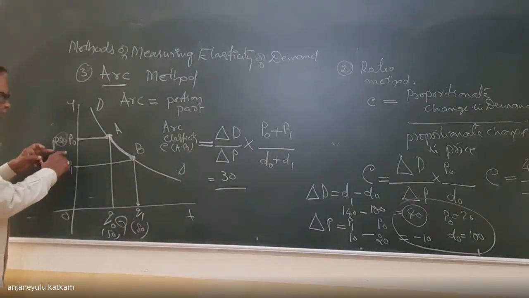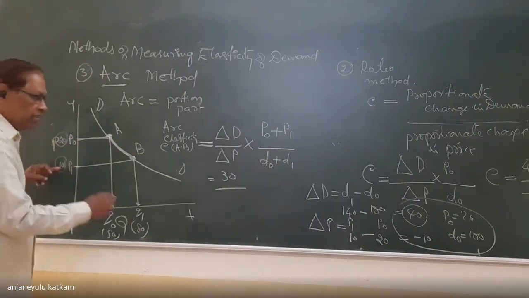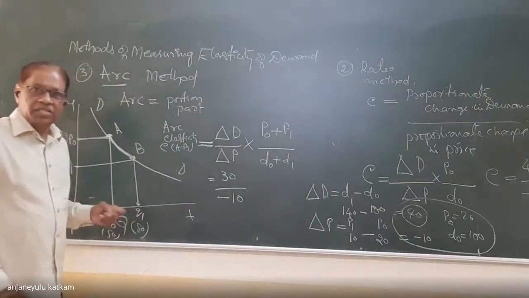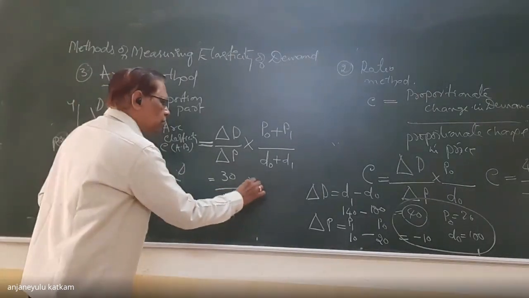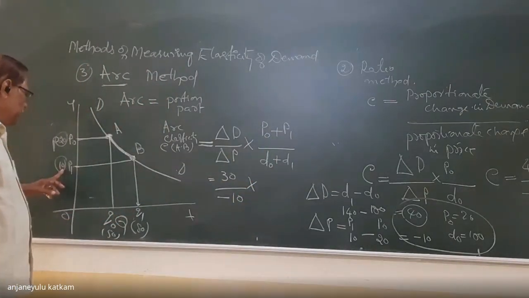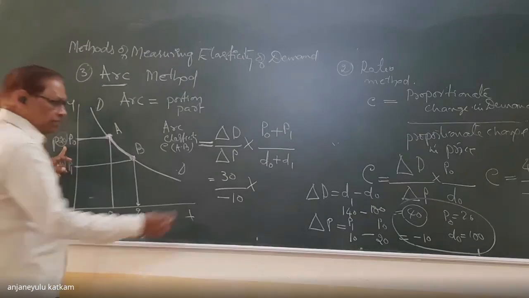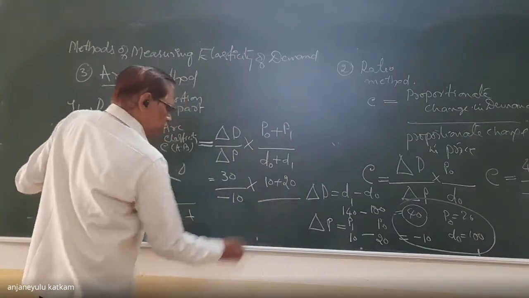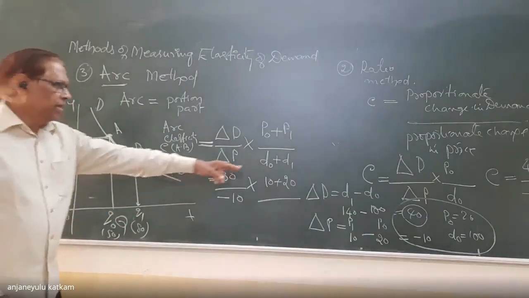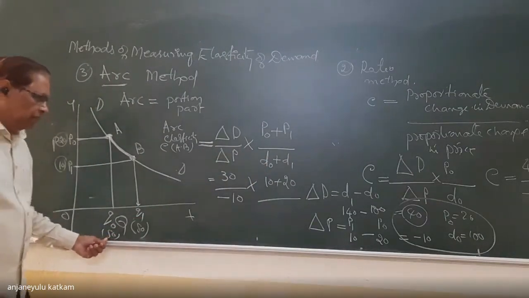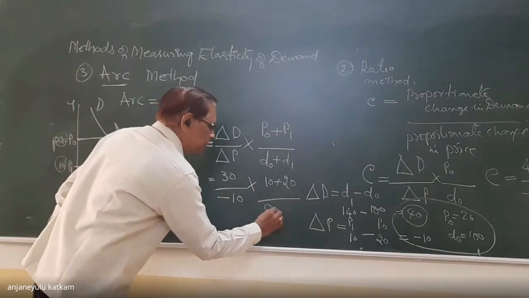The change in the price is 10 rupees and 20 rupees, so it is minus 10, into both the prices, P0 plus P1, that is 10 rupees plus 20 rupees, divided by both the demands, that is 80 plus 50.